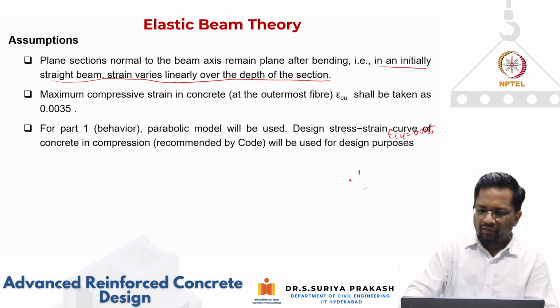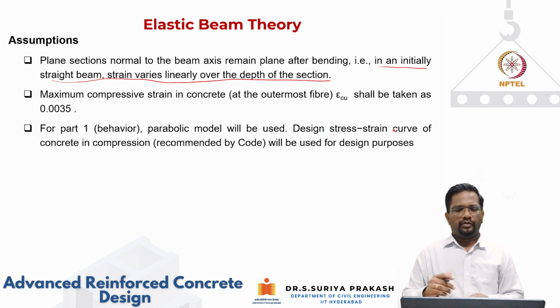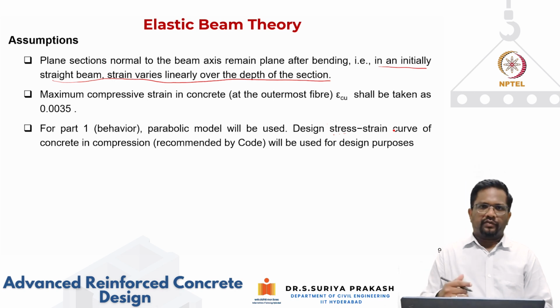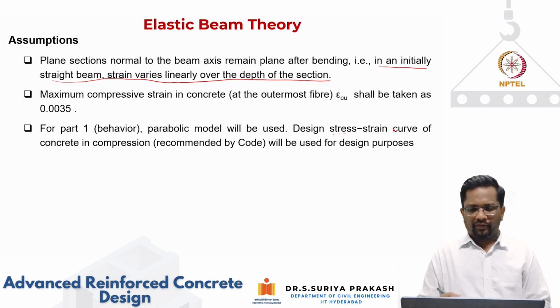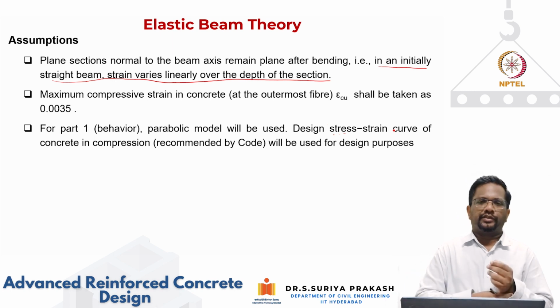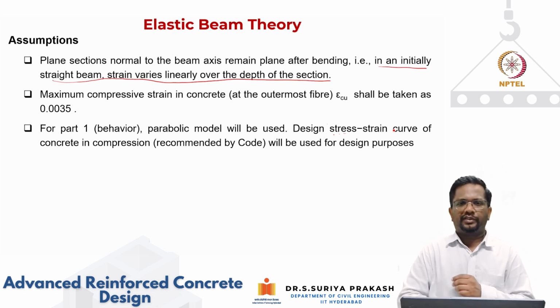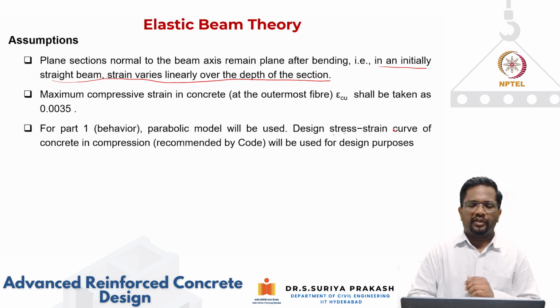For part one, to understand the behavior, what we are going to use is this parabolic model that we have set, which is the Hognestad stress-strain curve. And for part two, when we are doing calculations as per IS 456, we are going to use the design stress-strain curves that are specified by the code.